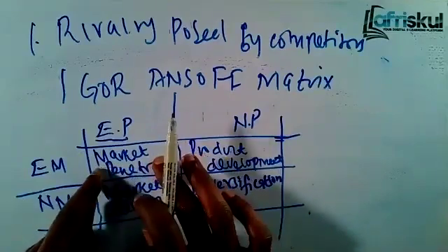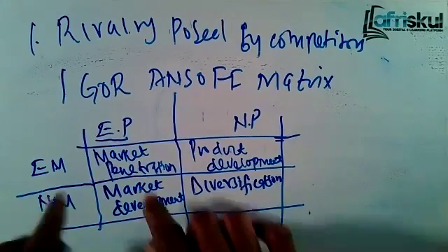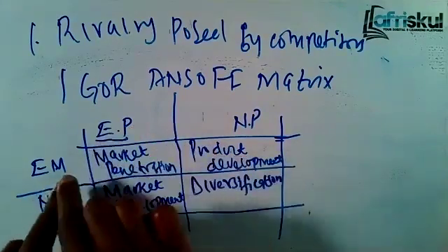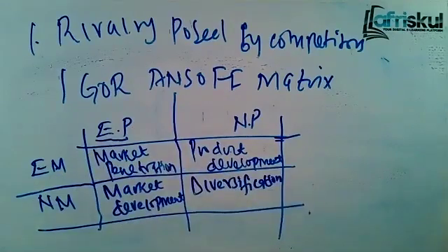For instance, where we talk of direct sales, you move to the people themselves and start explaining your product to them. That is taking your existing product to the existing market, which we refer to as market penetration.